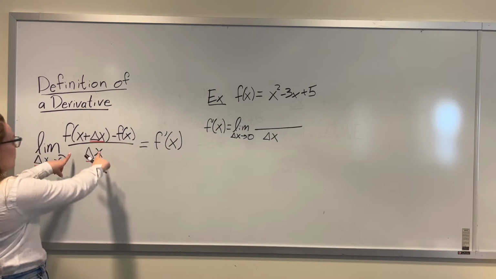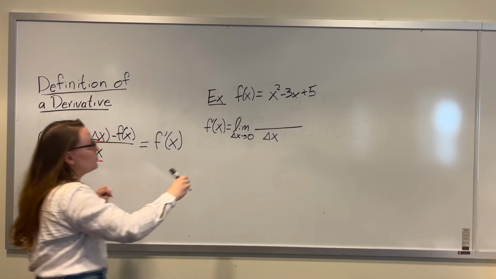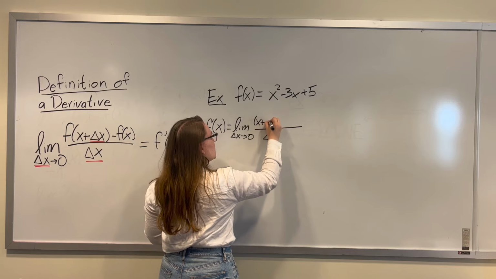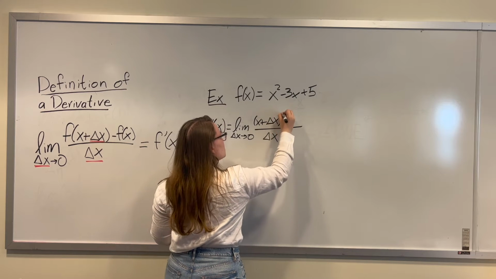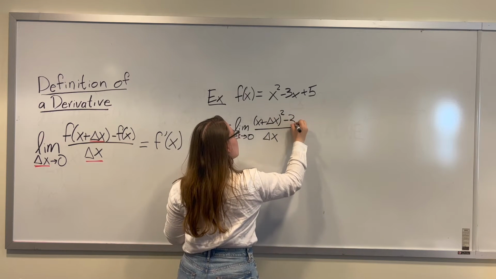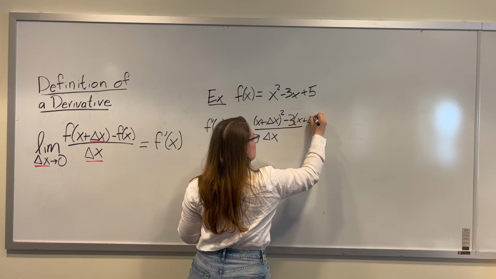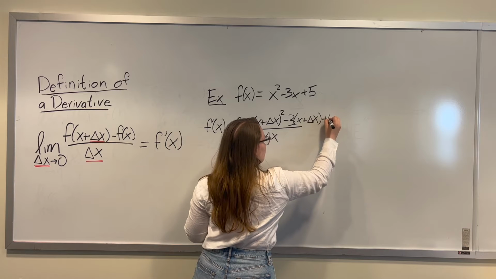So we're going to plug in the quantity x plus delta x wherever we see an x. So this becomes (x plus delta x) squared minus 3 times (x plus delta x) plus 5.